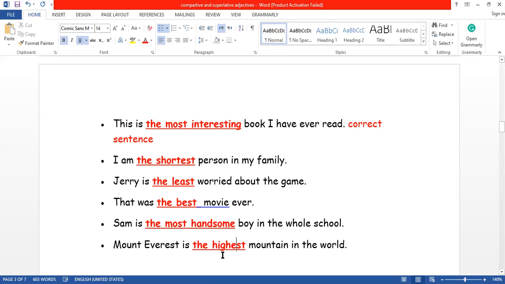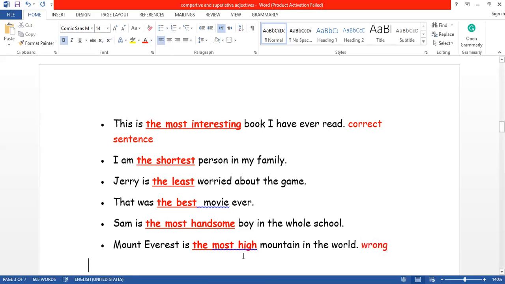A one-syllable adjective. So if one of you writes it or says it this way, the most high mountain in the world, it is wrong, okay?